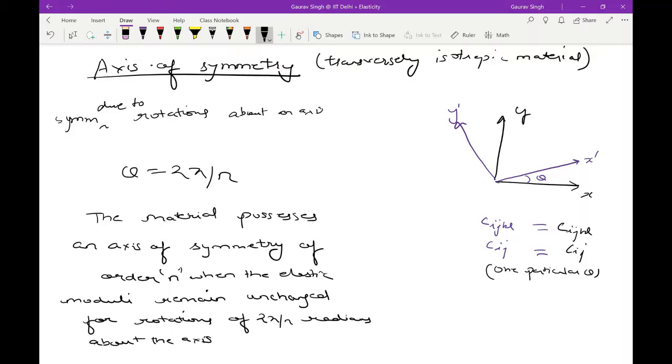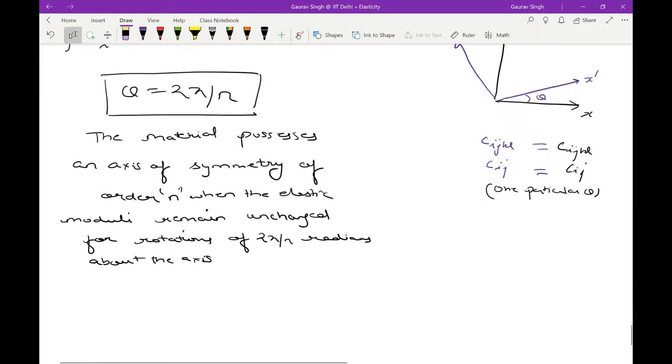Of course, in this transversely isotropic case we are referring to only one axis, in this case the z axis, about which the rotation is happening by an angle theta, and then you say that it possesses an axis of symmetry of order n, where the rotation has happened by theta equal to 2 pi by n. Now we'll take up a couple of n's, just to see how this plays out.